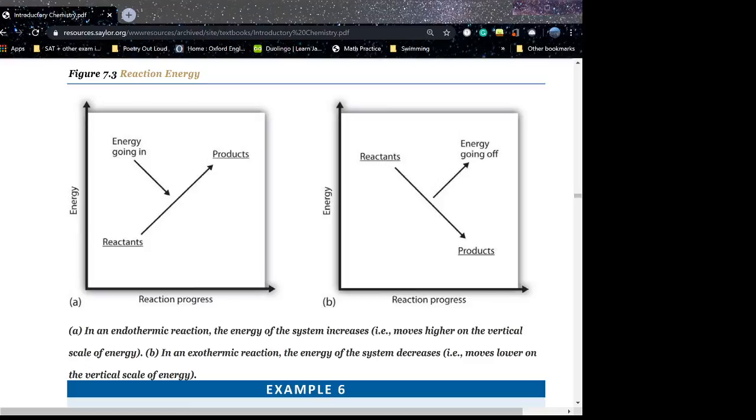Now, you can sort of see it from the way this graph looks that it could be this space here. That is the difference in energy, right? Because that's what we just did. We subtracted the difference.